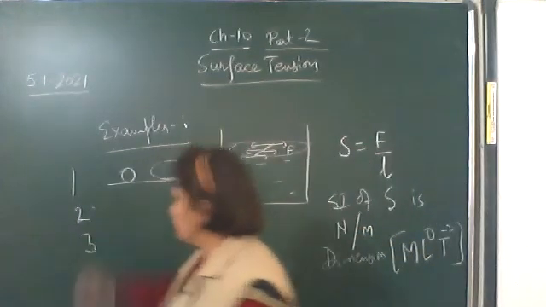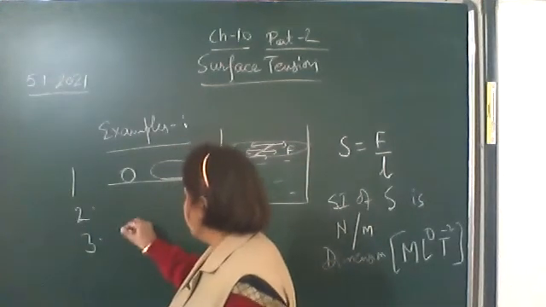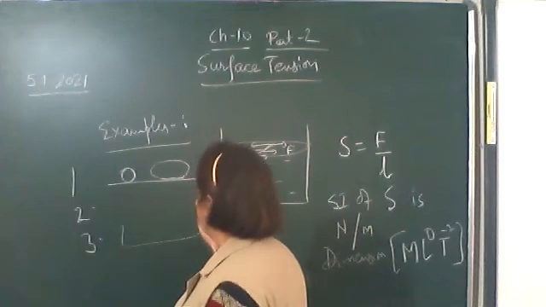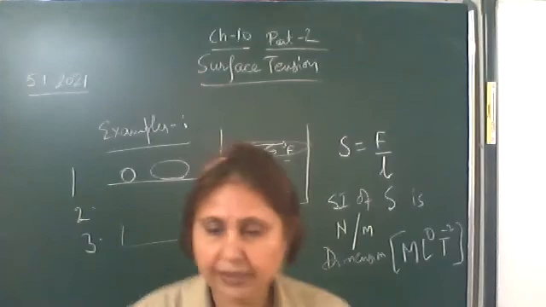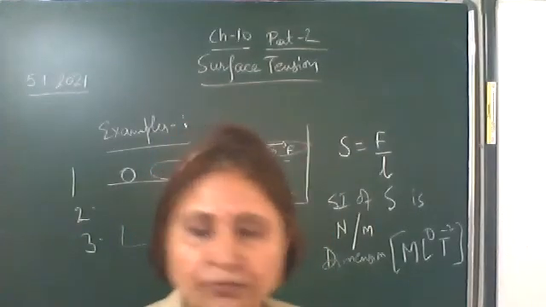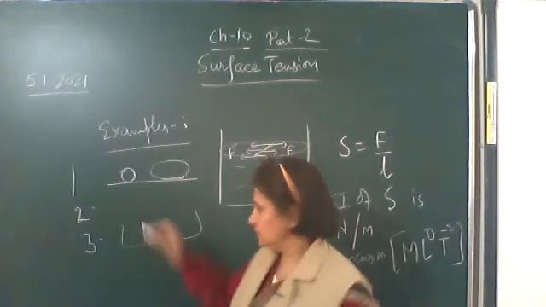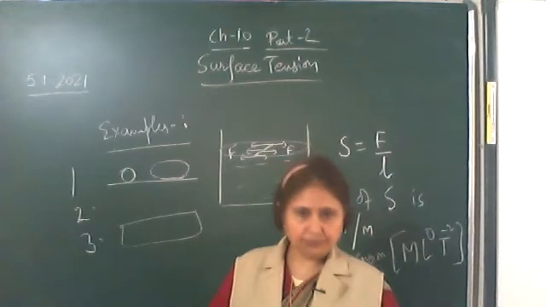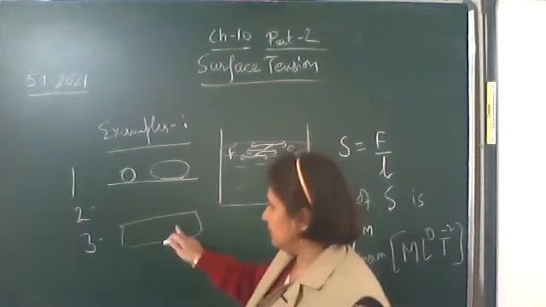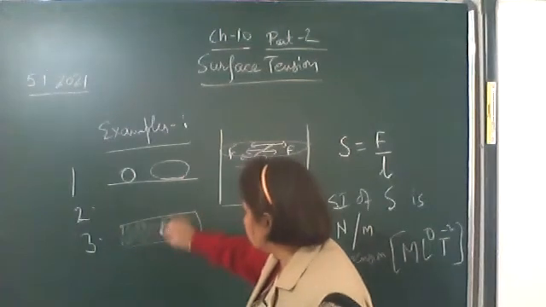Okay, next example, on a soap film or a water film. Take a rectangular frame of wire and dip it in the soap solution. A soap film will be formed on it.